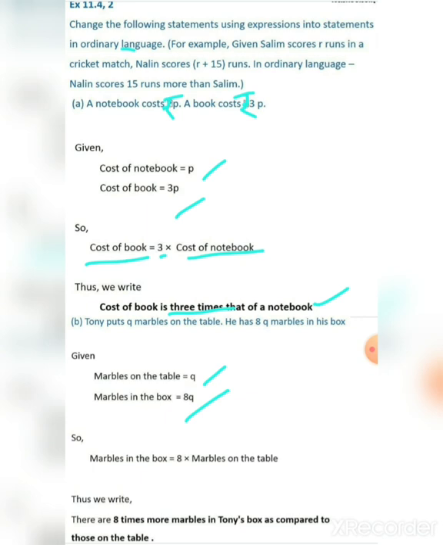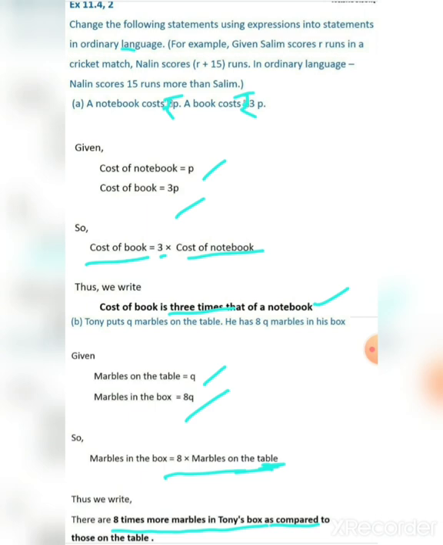So marbles in the box you can represent as 8 into marbles on the table. Thus we can write: there are 8 times more marbles in Tommy's box as compared to those on the table. Hope you understood the question and how to convert it into ordinary language.